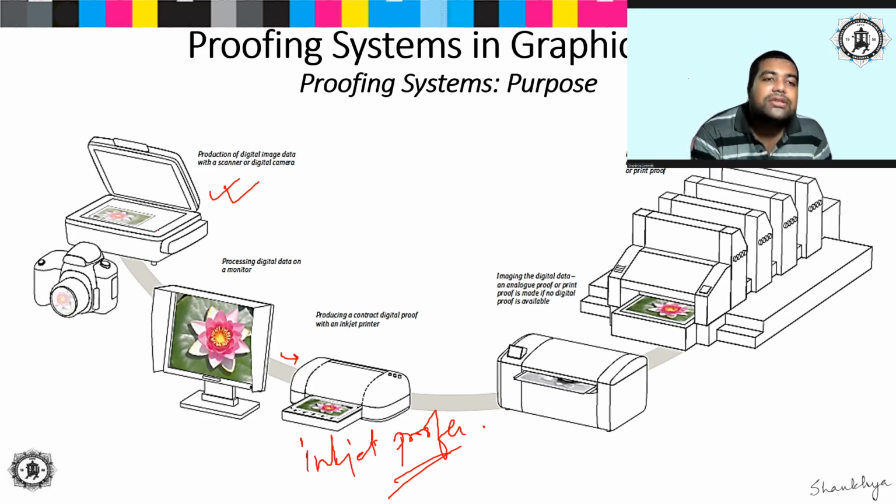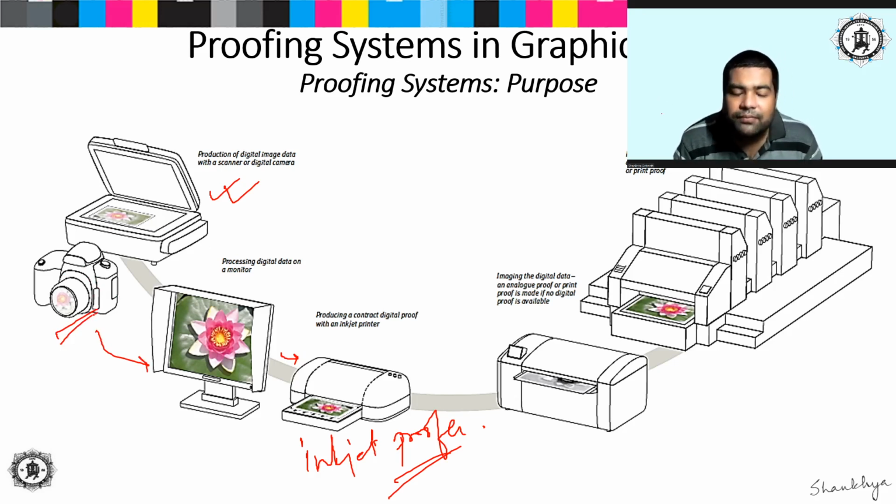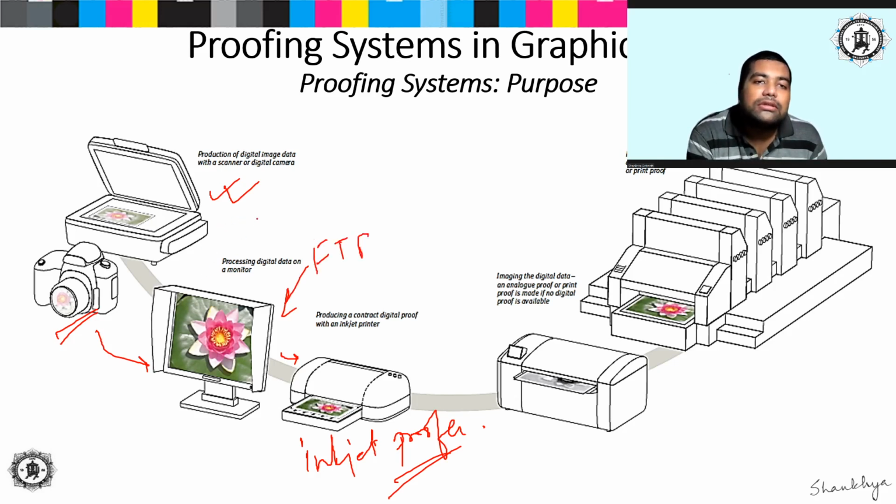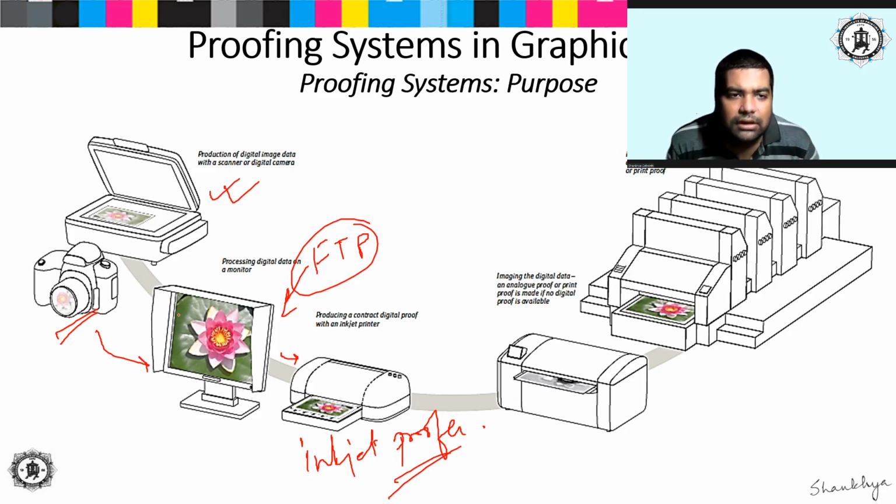Okay, so it may be some image that you may have captured, right? So that image may be transferred and that may be printed, right? Or the client may directly send the original copy to you electronically, okay, to your server.